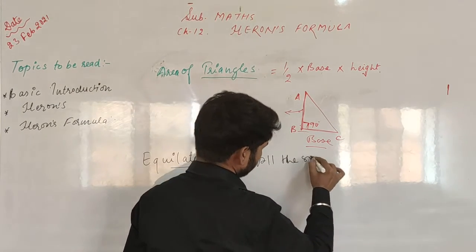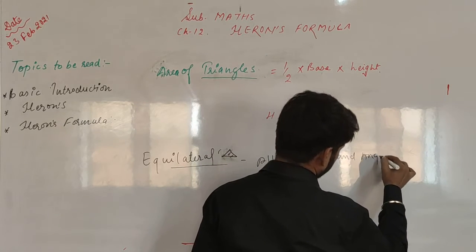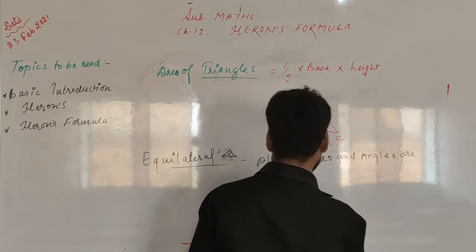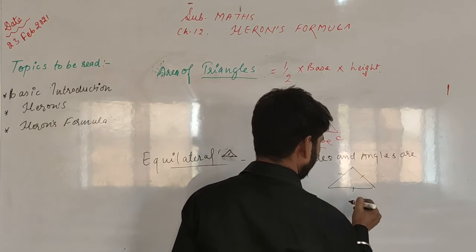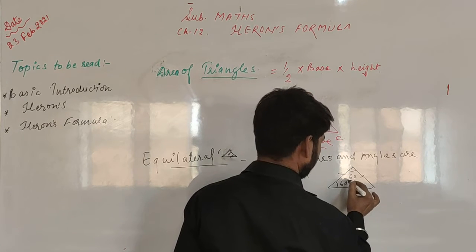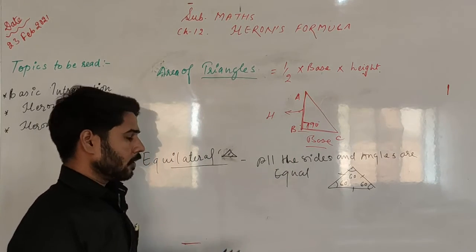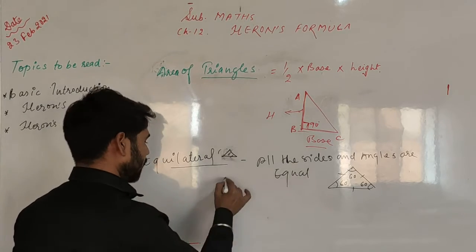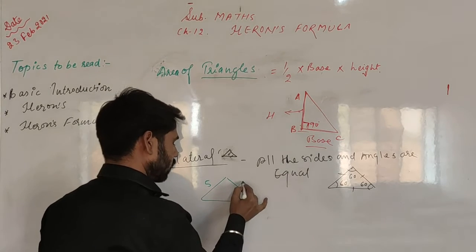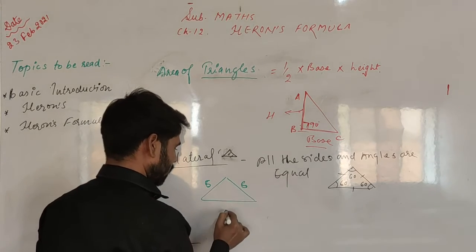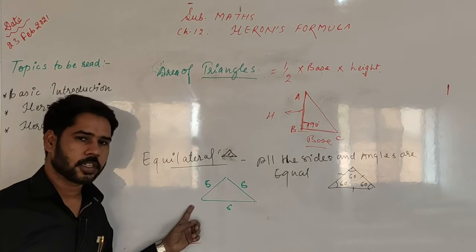All the sides are equal and all the angles measure 60 degrees. Clear? So, in an equilateral triangle, if three sides are provided, like take this as 6, 6, 6, then how can you find the area of this equilateral triangle?